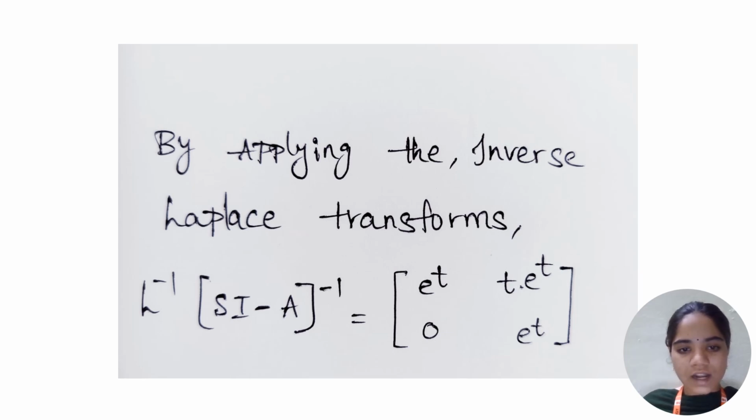L inverse of (sI minus A) whole inverse equals [e power t, 0; t into e power t, e power t]. It is the final solution of the state transition matrix problem.